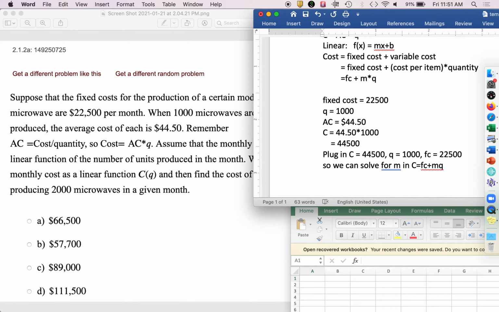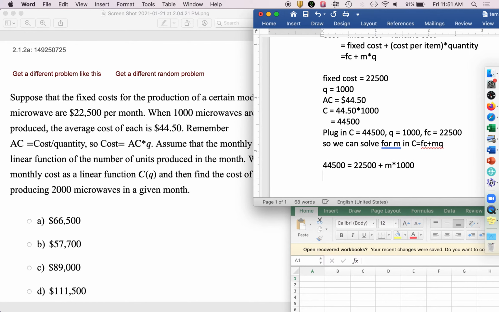So let's do that. 44,500 equals 22,500 plus M times 1,000. If you remember how this works, you would subtract off the 22,500 from both sides. If I subtract 22,500 from 44,500, I get 22,000.